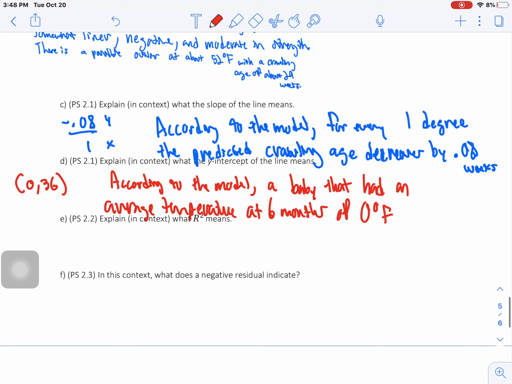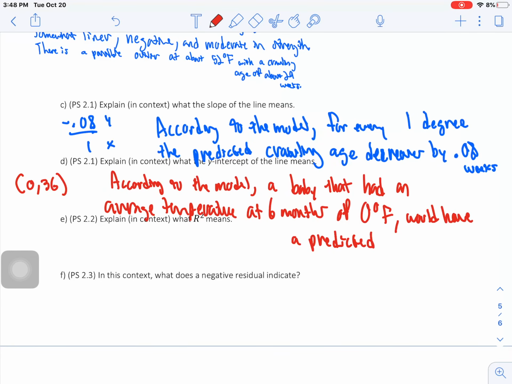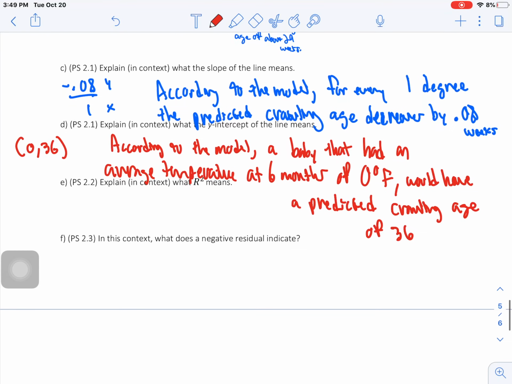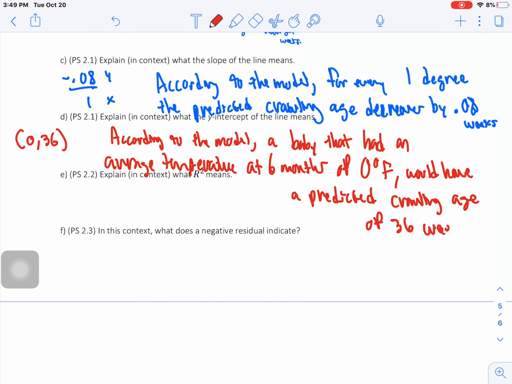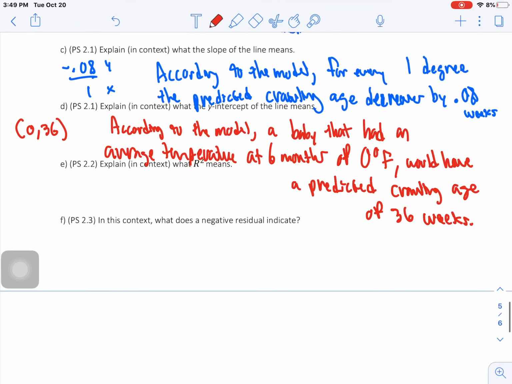Remember, this is outside, not the actual baby. At 6 months having 0 degrees, we can say would have a predicted crawling age of 36 weeks.